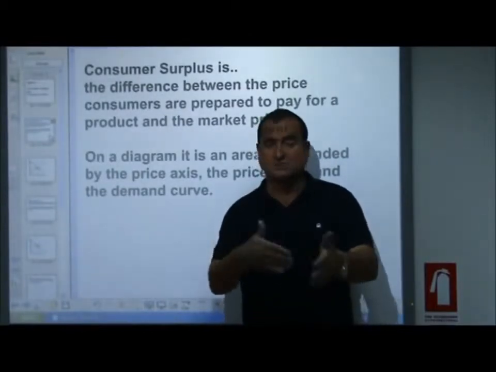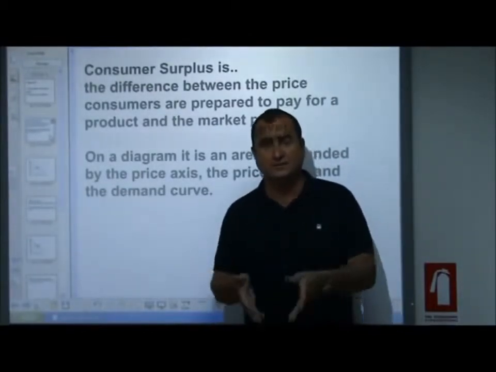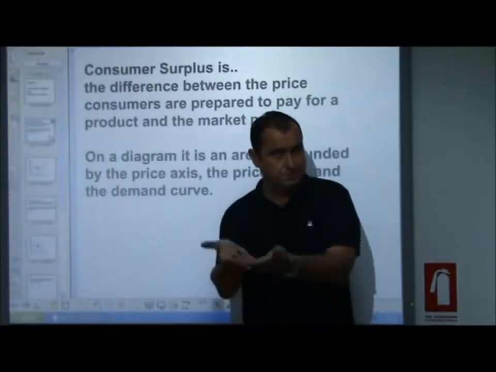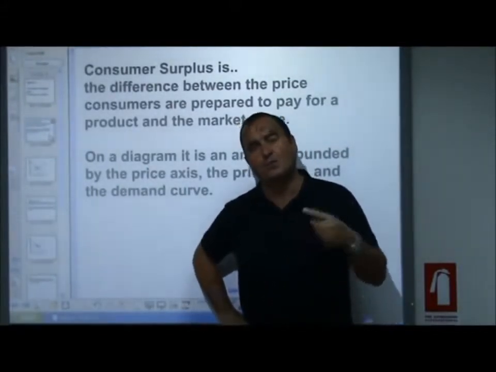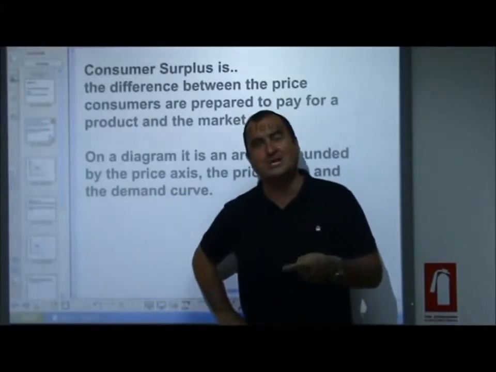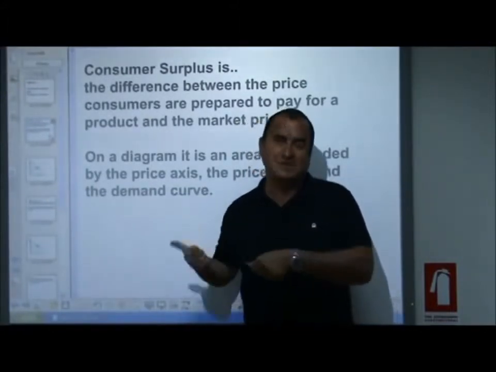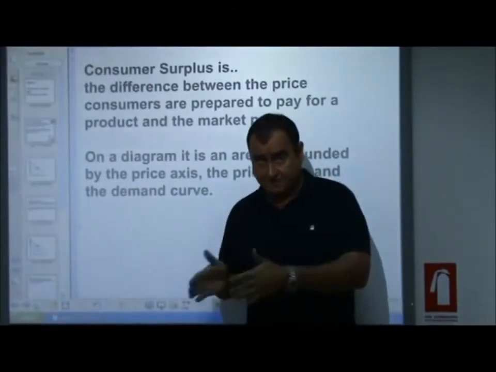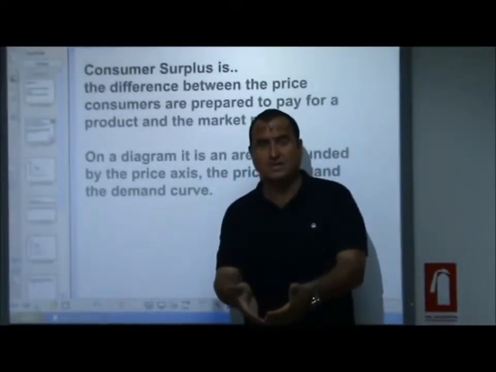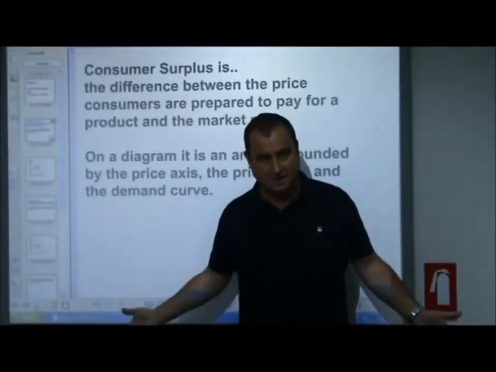Because amongst themselves they outbid each other until one is left. That was the person who was prepared to pay the highest price. But even with that person, we don't know how high they were willing to go. We only know they're willing to go a bit higher than the second person. Nevertheless, it is a good way of trying to get rid of consumer surplus by auctioning an item. That's not going to happen in a sandwich bar, is it?